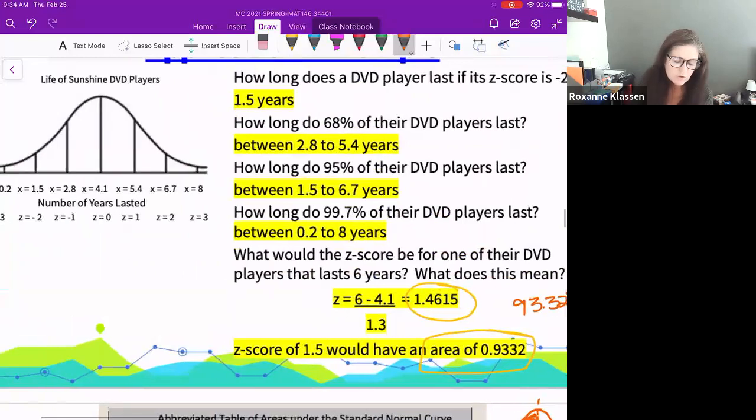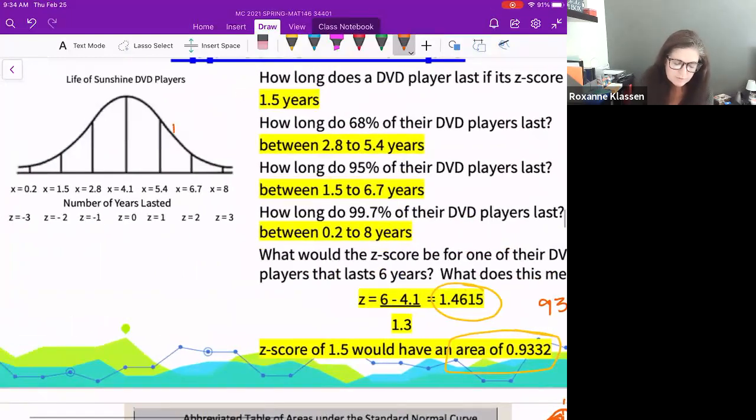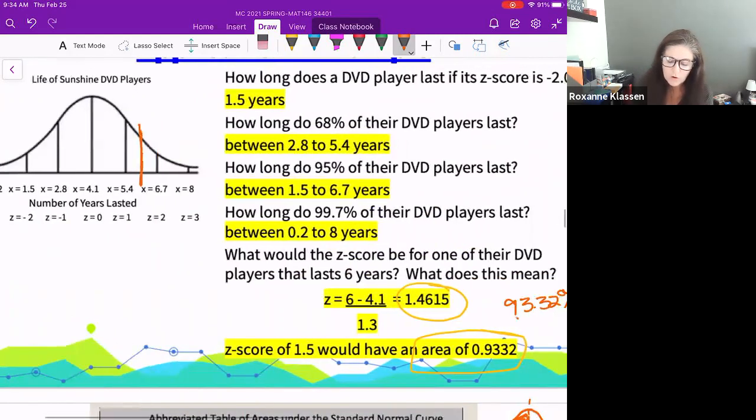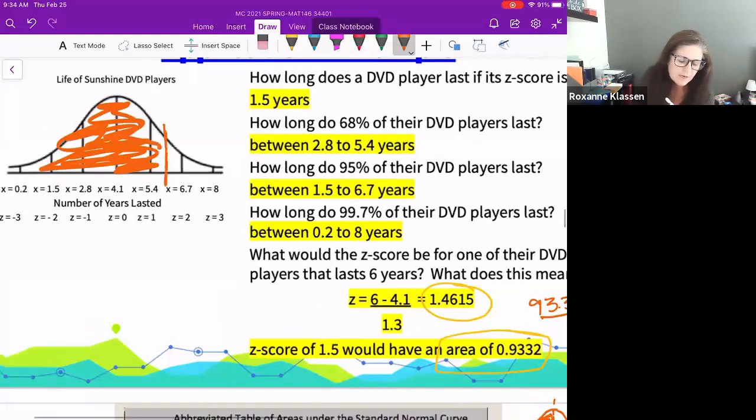So if we have a score of 1.5 right here, we have lasted longer than 93% of the DVD players, right? 93% of the DVD players lasted less than this. That's what this is showing you. So the area to the left would be 93.32%.